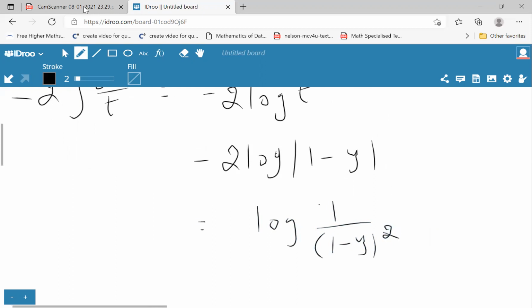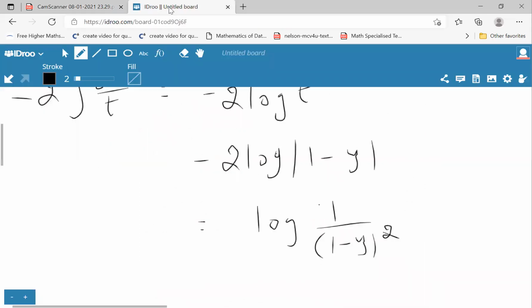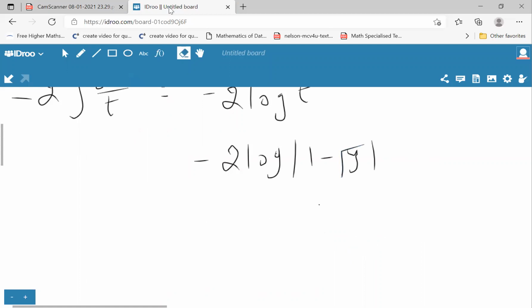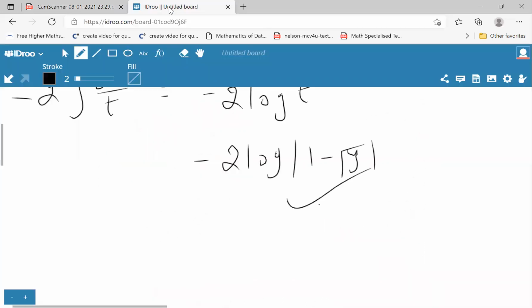So they have left it as minus 2 log of 1 minus root y plus c. We need not simplify this. So this will be the correct option: minus 2 log of 1 minus root y plus c.